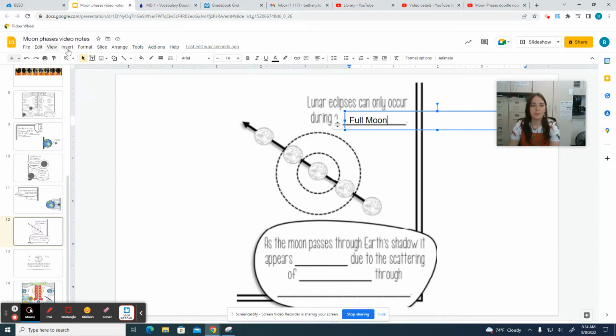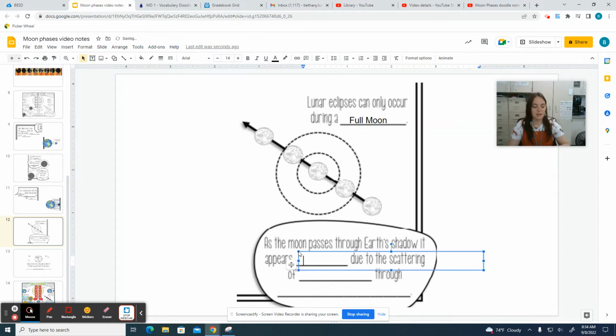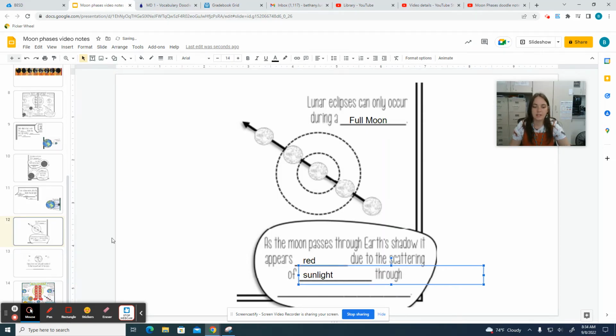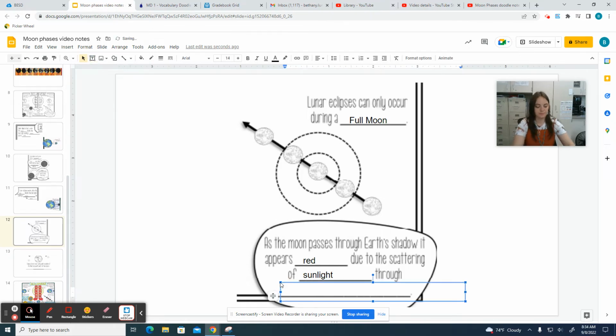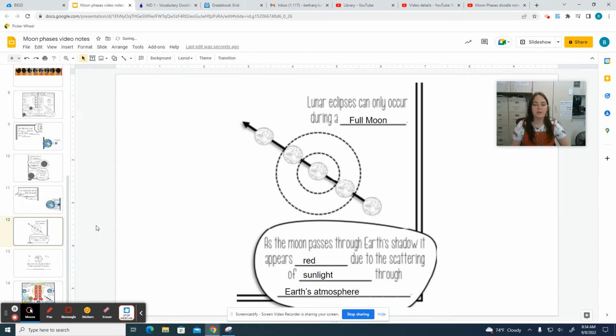And as the moon passes through Earth's shadow, it appears red due to the scattering of the sunlight through Earth's atmosphere. It appears red just because the light passing through kind of scatters and makes it look red, okay?